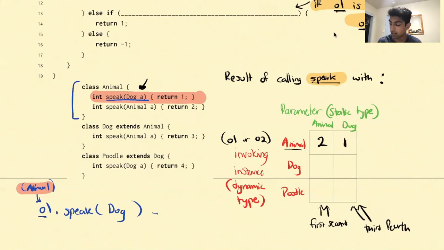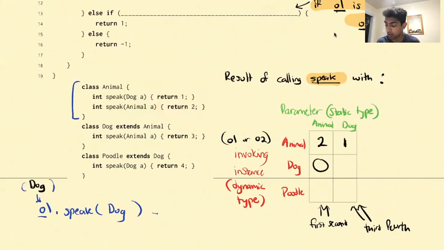Okay, I'm going to go a bit faster through these next cases, and if you're a bit shaky on dynamic method selection, I recommend watching last week's video. So if the invoking instance has a dynamic type dog, what should happen when we do o1.speak to a dog, where o1 is actually, let's think about this case, my bad.